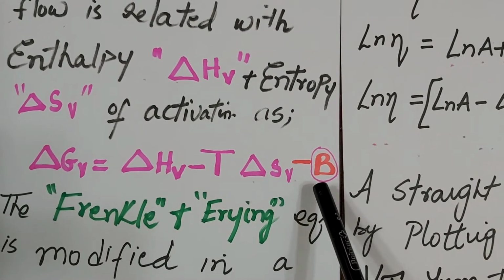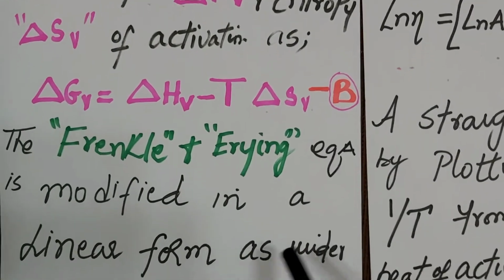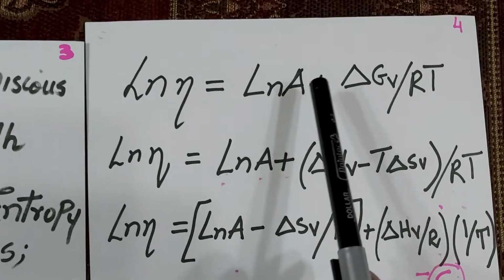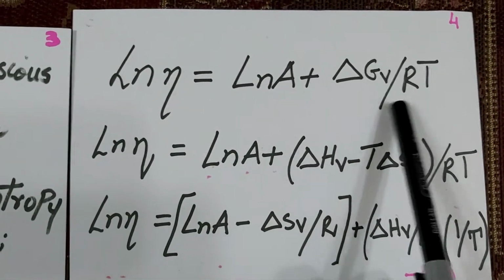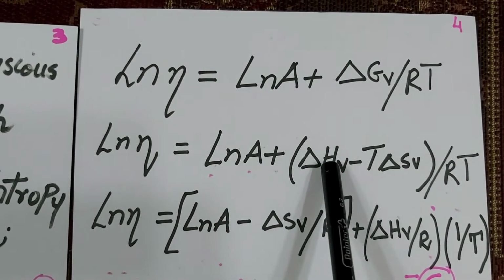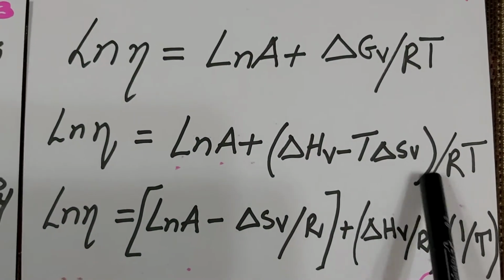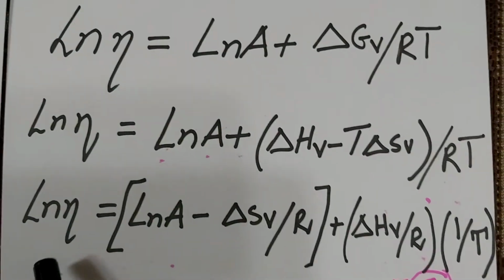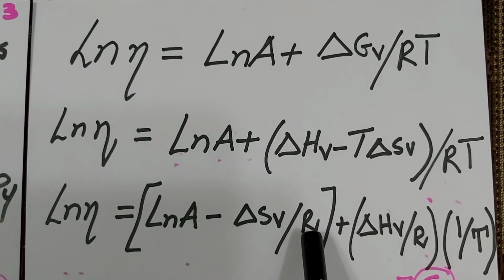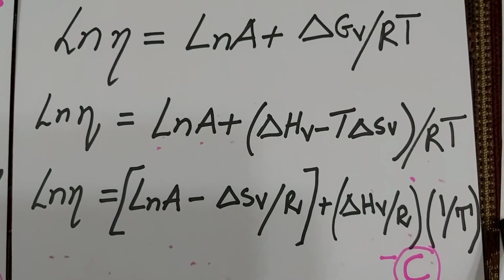We label it as B. Now the Frenkel-Eyring equation A is modified in a linear form: log of eta equals log of A plus delta GV over RT, or log of eta equals log of A plus delta HV minus T delta SV over RT. That is, log of eta equals log of A minus delta SV over R plus delta HV over R times 1 over T.